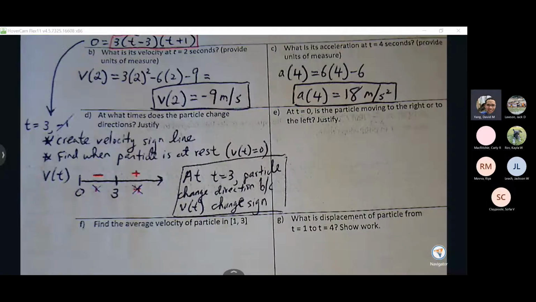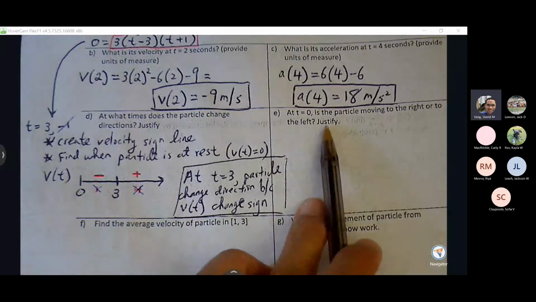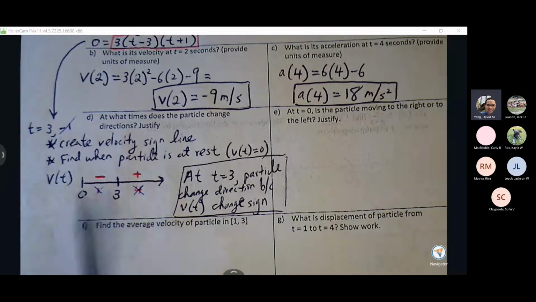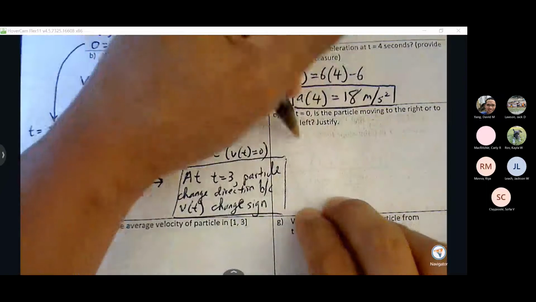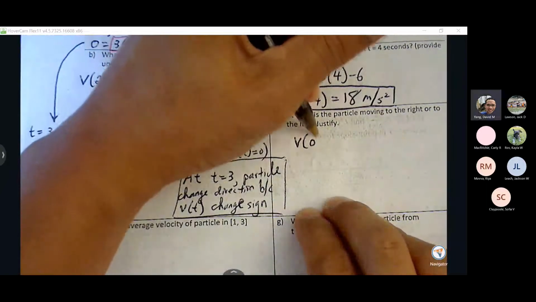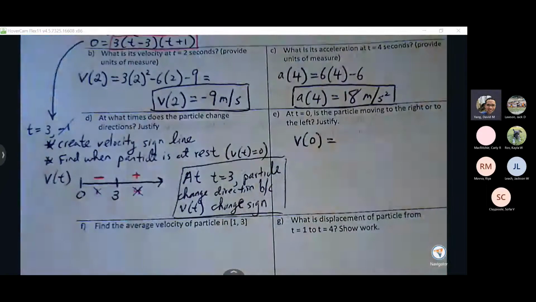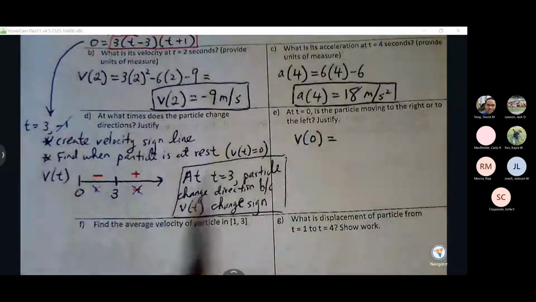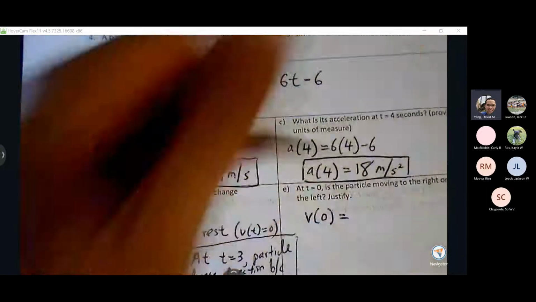Okay, at t equals 0, is the particle moving left or right? So that means we can just insert 0 into the velocity function and see what sign that gives us. So 0 in for velocity.